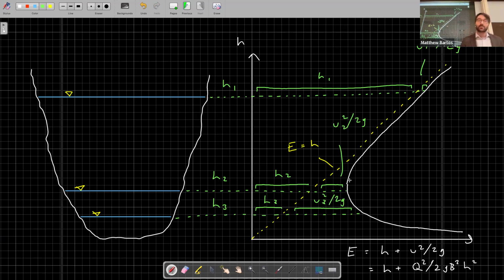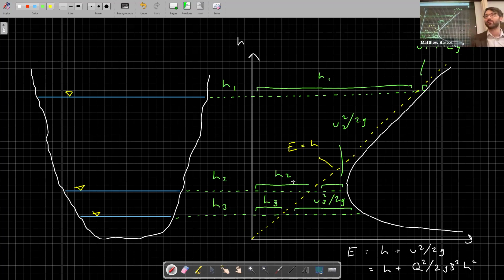So you'll notice that as the depth increases, you'll have a much larger component of your specific energy in the depth component and a much smaller component in the velocity component. At the shallower depths, you'll have a much larger component of your energy in the velocity component and a smaller component in your potential energy or depth component.